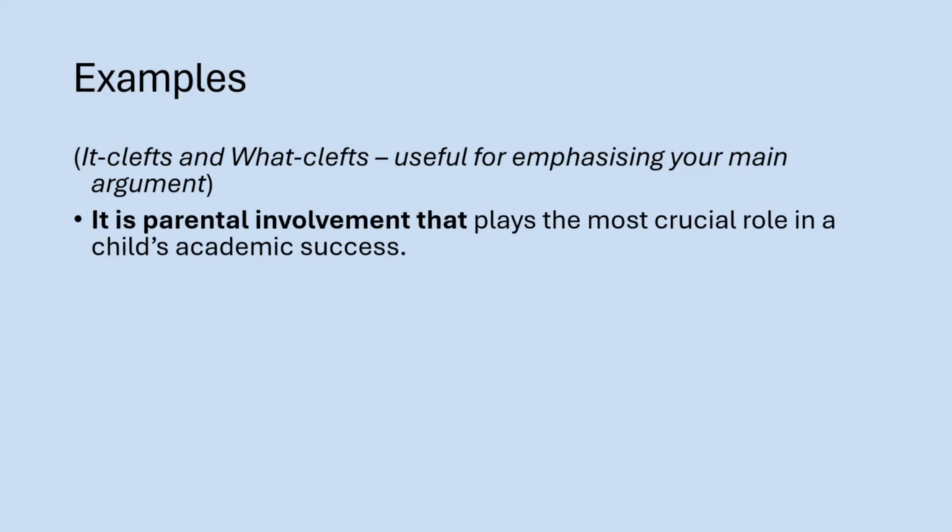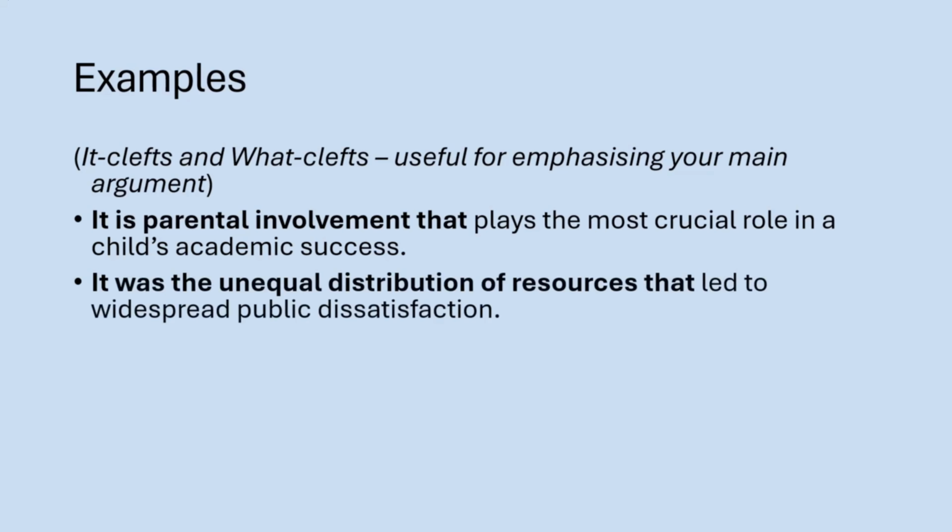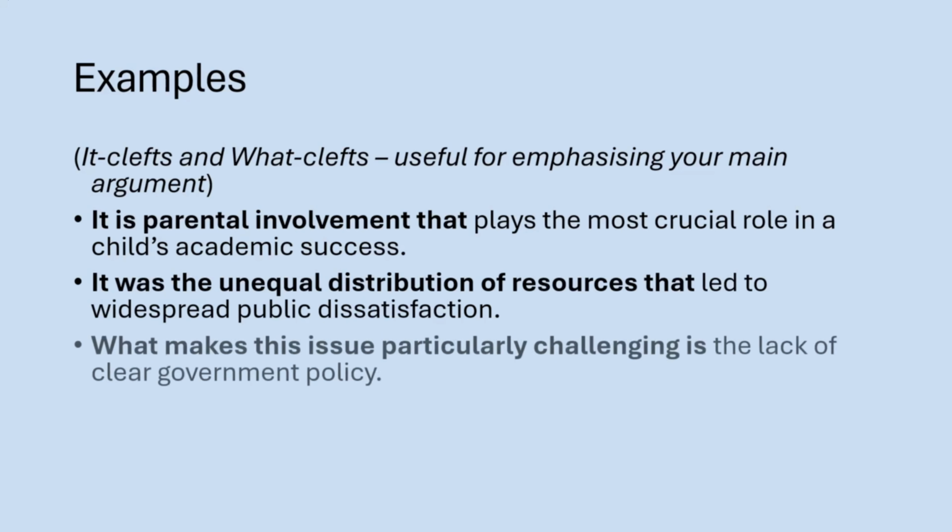It is parental involvement that plays the most crucial role in a child's academic success. It was the unequal distribution of resources that led to widespread public dissatisfaction. What makes this issue particularly challenging is the lack of clear government policy.